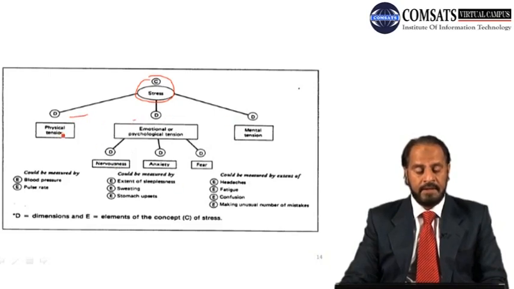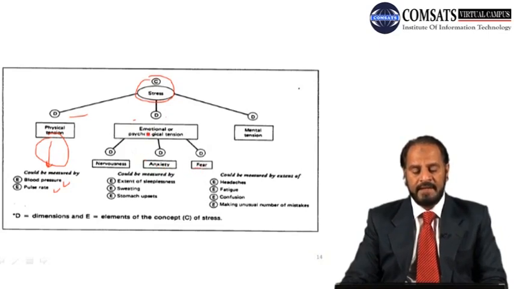Within the dimension of physical tension, they did not subclassify, because physical tension can be measured through blood pressure and pulse. This is more quantitative in nature and can be easily measured. But emotional, psychological tension needs to be measured on 3 different aspects: the nervousness of the individual, the anxiety of the individual, and the fear factor in the individual.